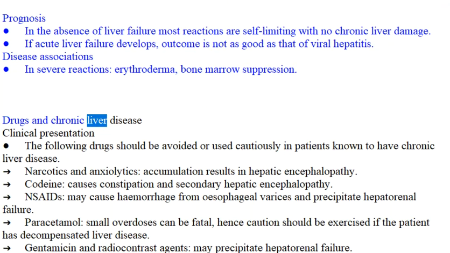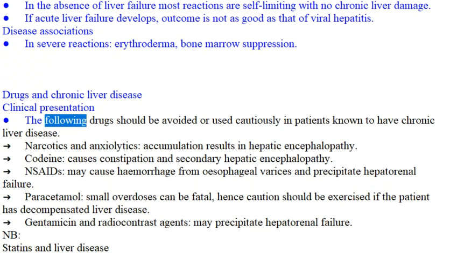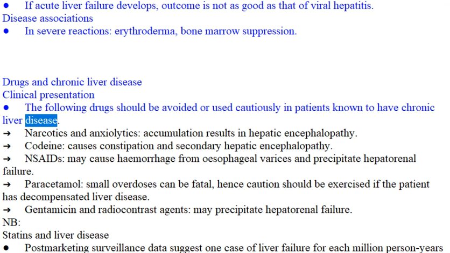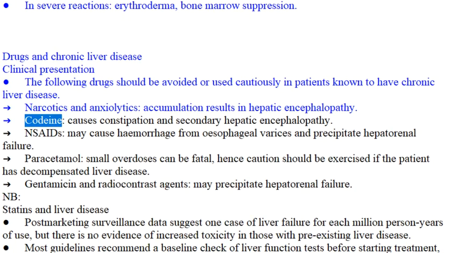Drugs in chronic liver disease. Clinical presentation. The following drugs should be avoided or used cautiously in patients known to have chronic liver disease. Narcotics and anxiolytics. Accumulation results in hepatic encephalopathy. Codeine causes constipation and secondary hepatic encephalopathy.